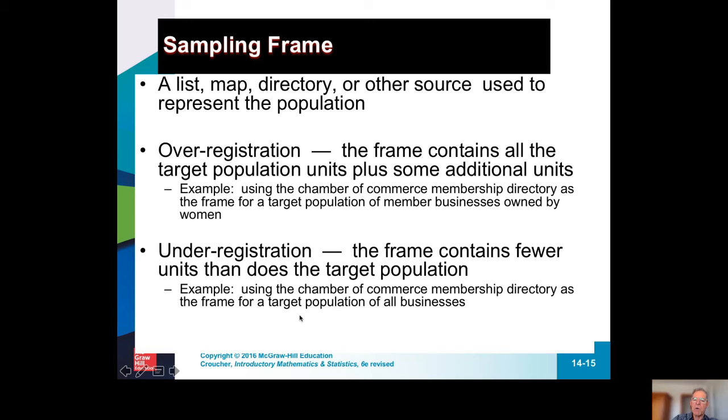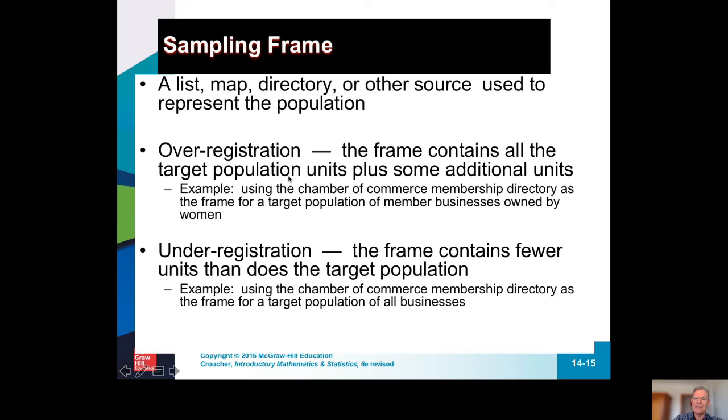If our aim was to gather data for the entire population of female business executives, say, and we're only using the Chamber of Commerce to draw our sample from, well, we've got under-registration because there will be female business operators that are not in the Chamber of Commerce.